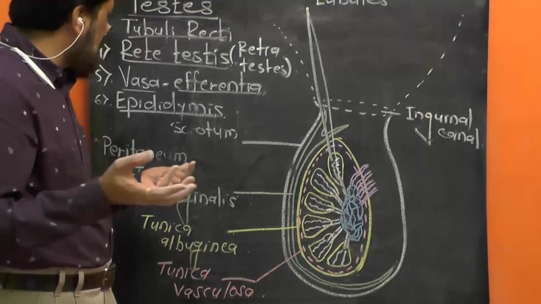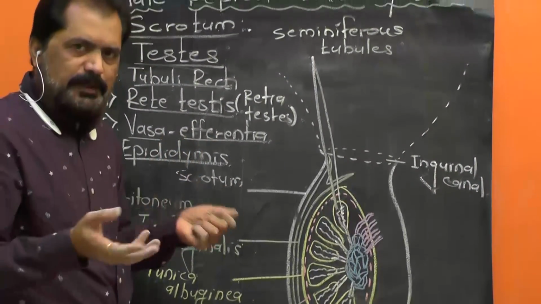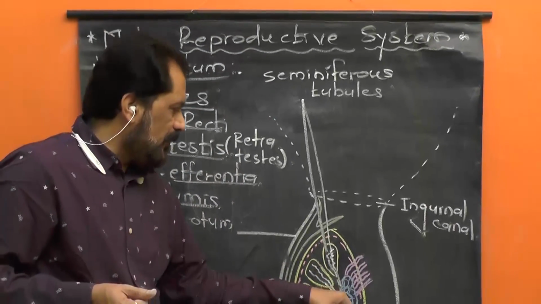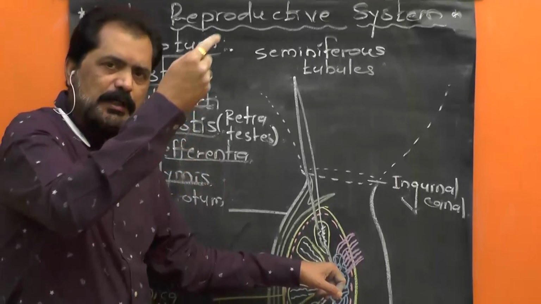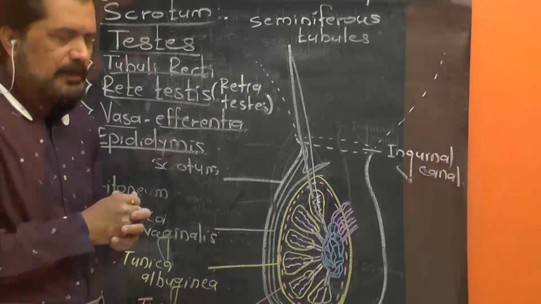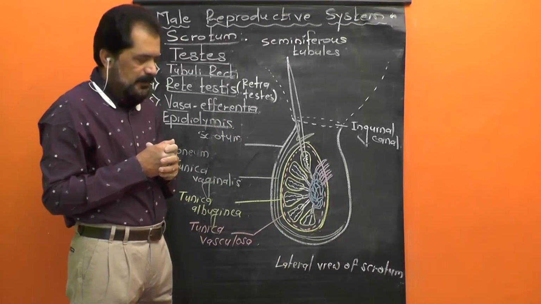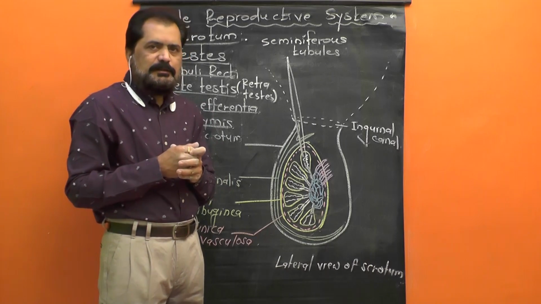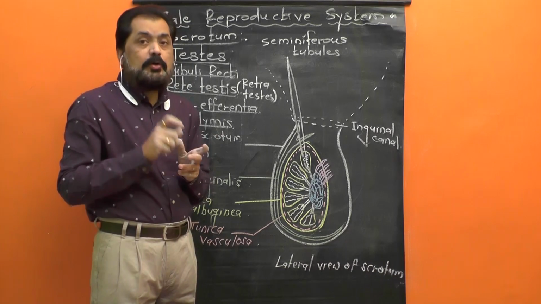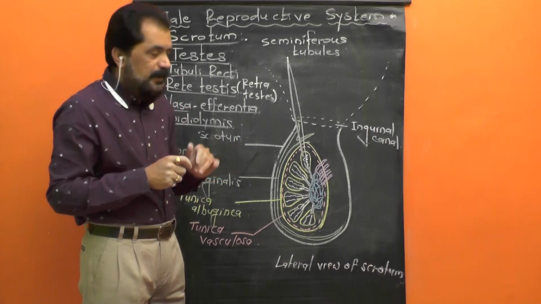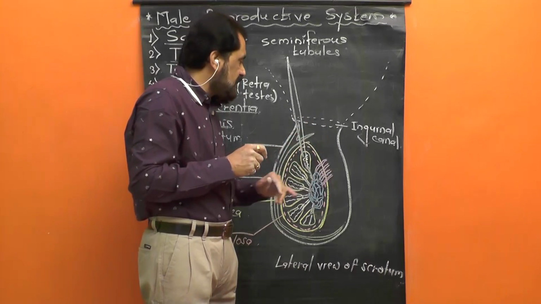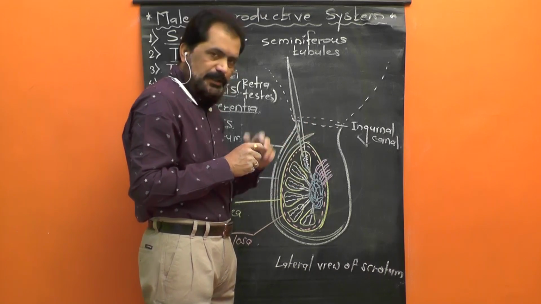So what is the function of Vasa Efferentia? Very simple. Simply to transfer the sperms from Rete Testis into the Epididymis. So now let us talk about what the Epididymis is. Epididymis is a C or comma shaped structure present at the hind surface, the posterior surface of the testes.